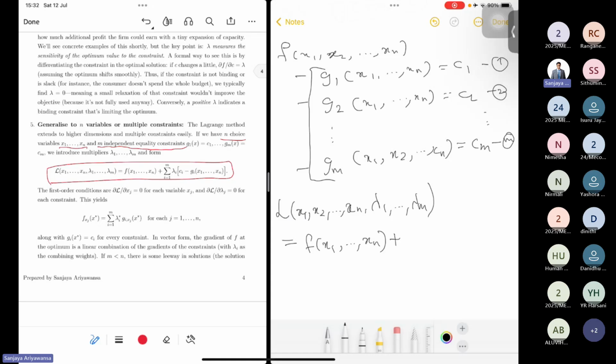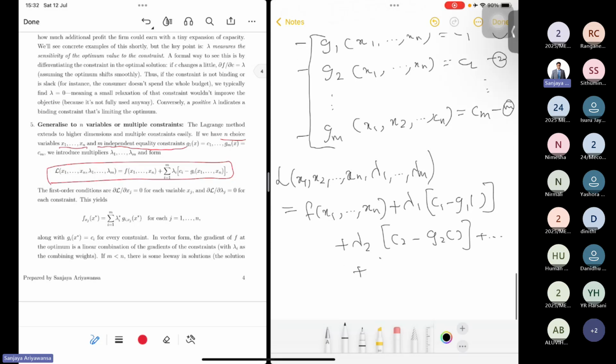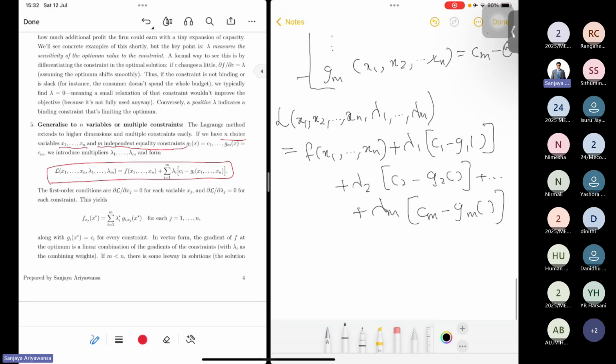It's the same component, plus now you have lambda 1 times c1 minus your g1 function, plus lambda 2 times c2 minus your g2 function, plus likewise you have m number of constraints, so lambda m times cm minus gm, right? So that's what I have.